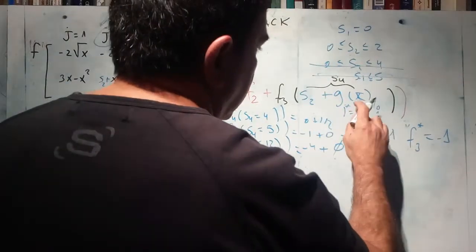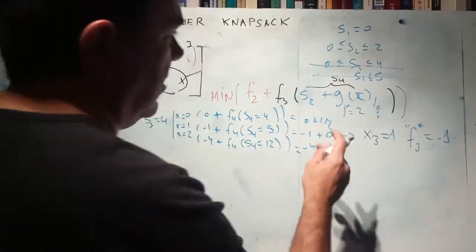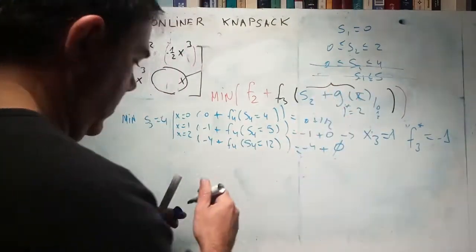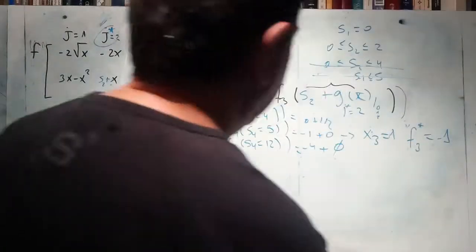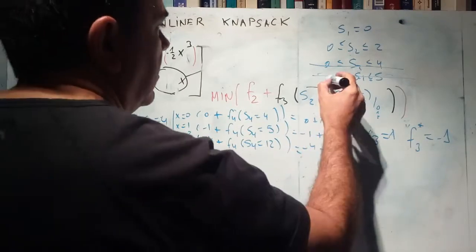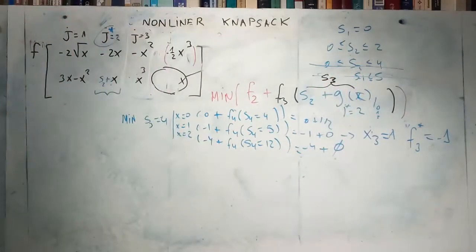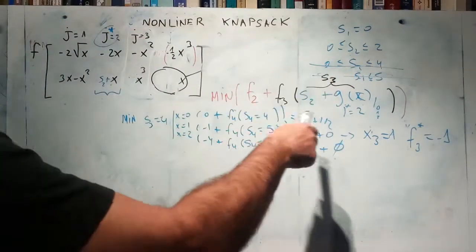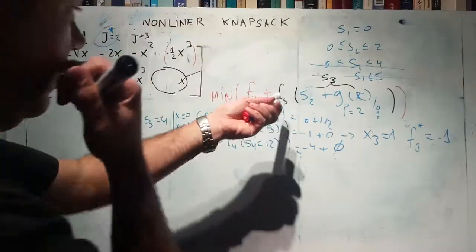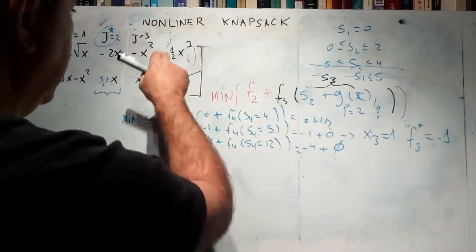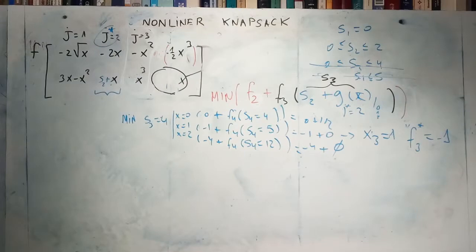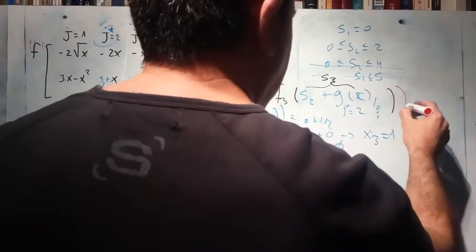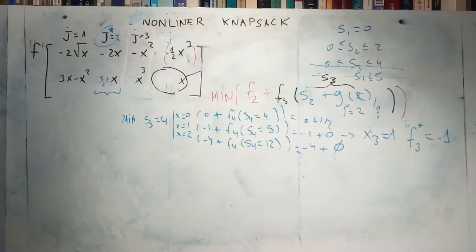S2 plus G star being 2, and this will be S3. This sum would be S3, right? So we will need to, looking at the value of S3, substitute onto F3. F3 is minus 2x, and taking also all the time the minimum of this function, right?